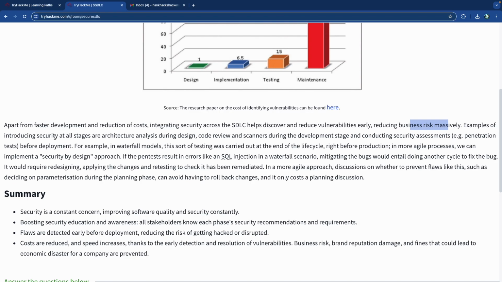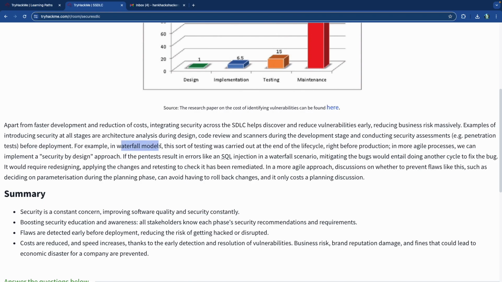And introducing security at all stages could be architecture analysis during the design, it could be code review and scanners during the development stage, and conducting security assessments, which is penetration testing, before the actual deployment of it.